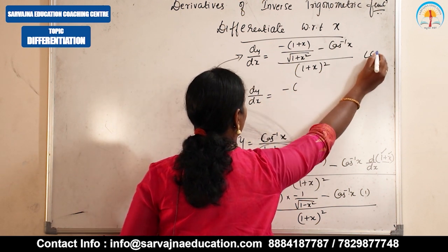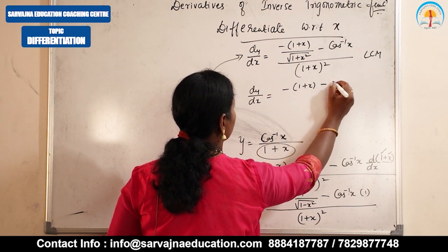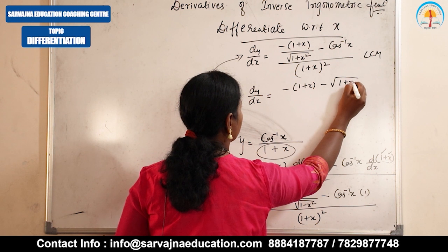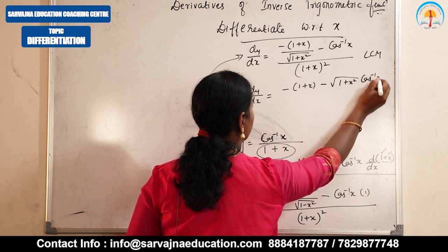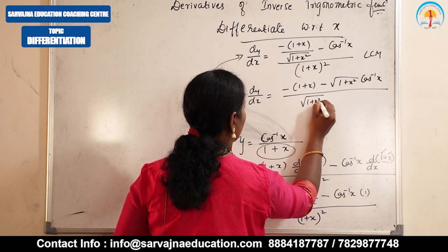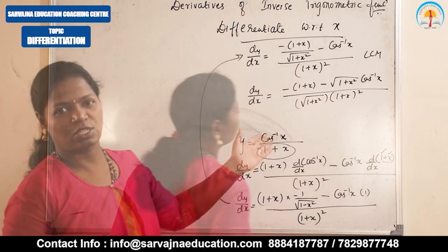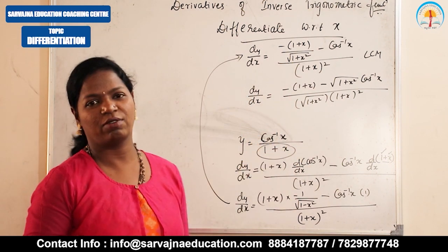You have to do LCM here: 1 plus x minus root 1 minus x square cos inverse x divided by root 1 minus x square into 1 plus x whole square. That's all. Okay, you can just keep it as an answer.